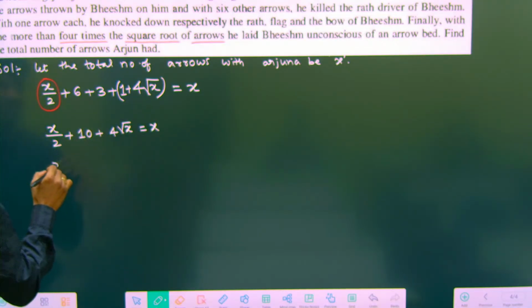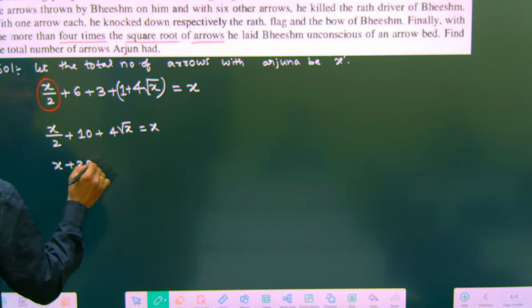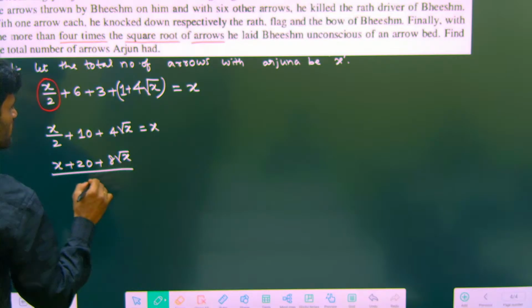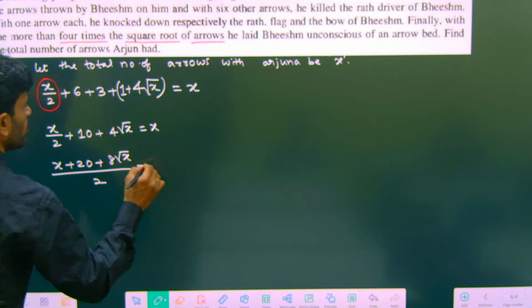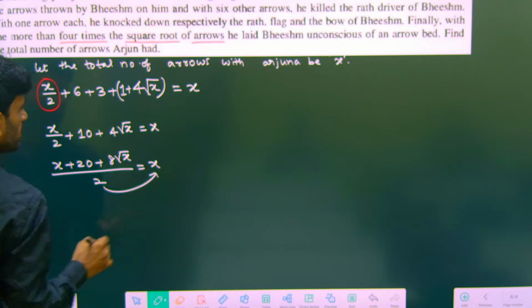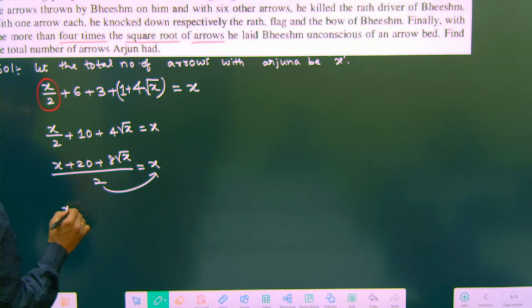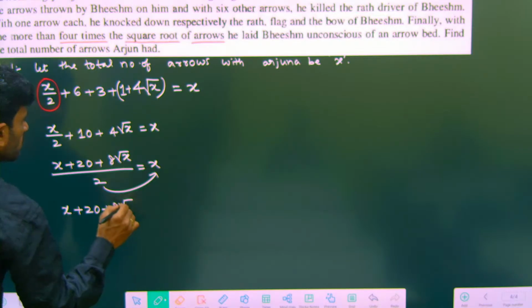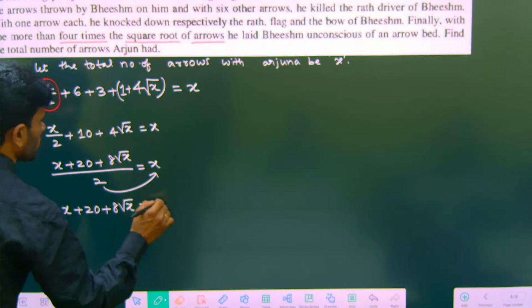If we take LCM, it is (x plus 20 plus 8 root x) all divided by 2 is equal to x. Transpose 2 to here. Then x plus 20 plus 8 root x is equal to 2x.